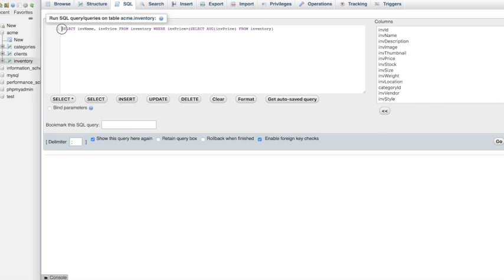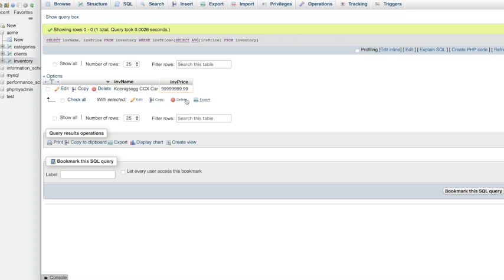Now this over here is saying give us the name and the price from the inventory of the things that are above the average price. We want to list the things that are above the average price. Let's see what it says for that. So we've got one thing. This is a super high price, and I think this one sets off the average. That's why there's only one thing popping up, not like half of the inventory.